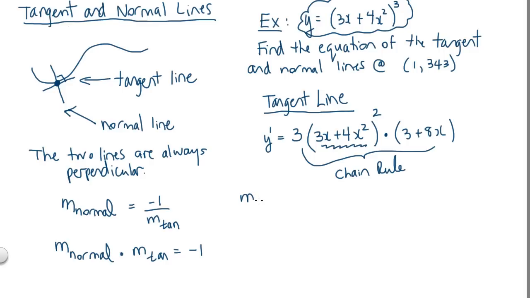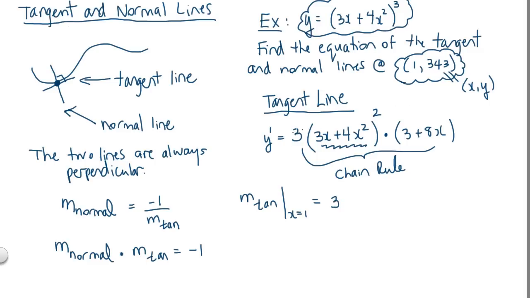So what we would like is the slope of the tangent line. That's the same thing as saying y prime, but we'd like to figure that out at the point given in the question. So we were given the point (1, 343). Remember that this gives us the x and y values of the point in that order. So we actually need to figure out the slope of the tangent line at the point where x is equal to 1. So let's write evaluated at x equals 1, and let's plug that into our expression up here.